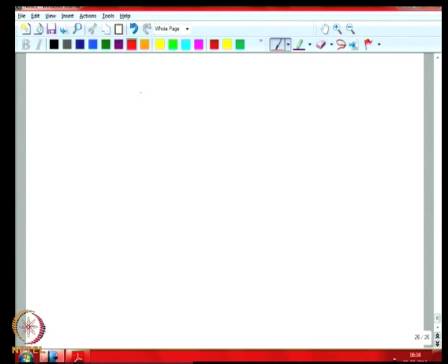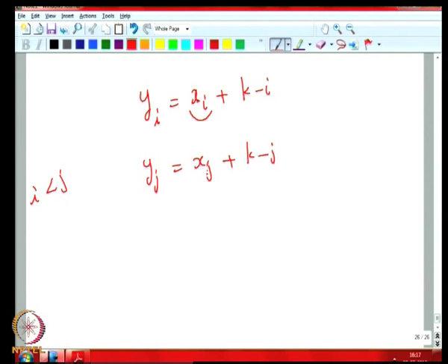Why are they distinct? Because we defined yi = xi + k - i. Suppose this was equal to some yj, namely xj + k - j. Without loss of generality, we can assume that i was smaller than j, that means this xi is bigger than xj.